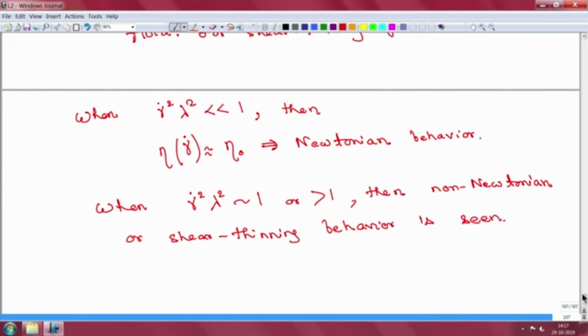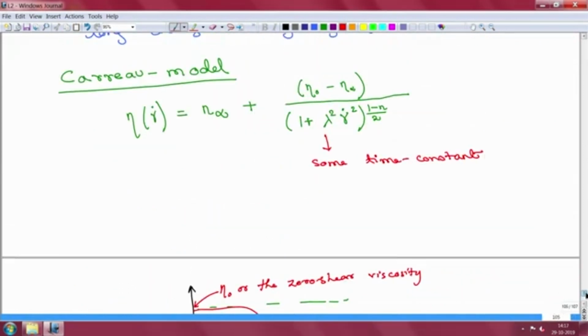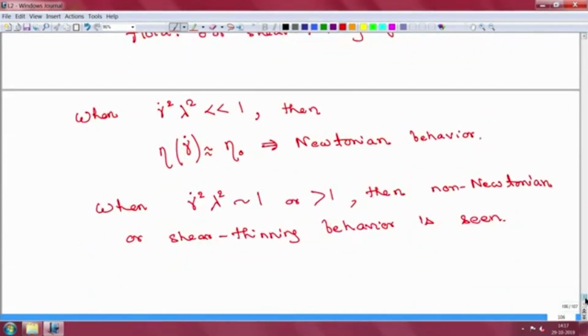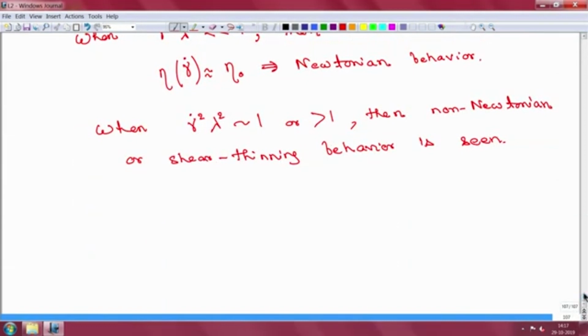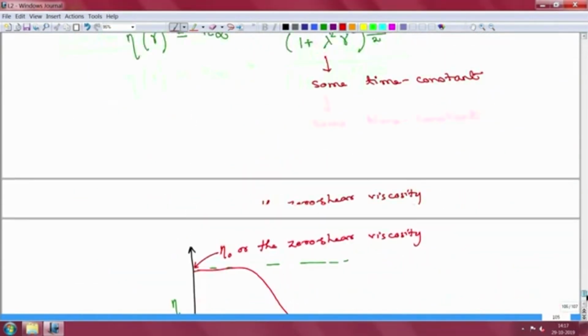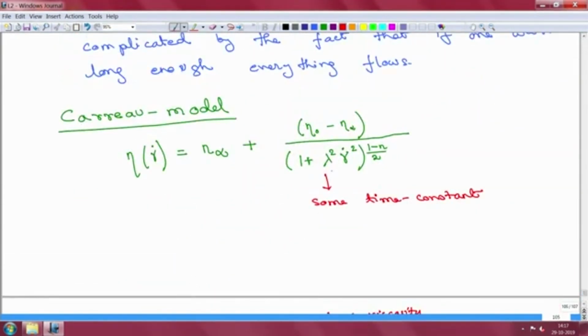And finally, if you go back to this equation, when this term starts to dominate and becomes very large, this entire denominator starts to go towards infinity, right.